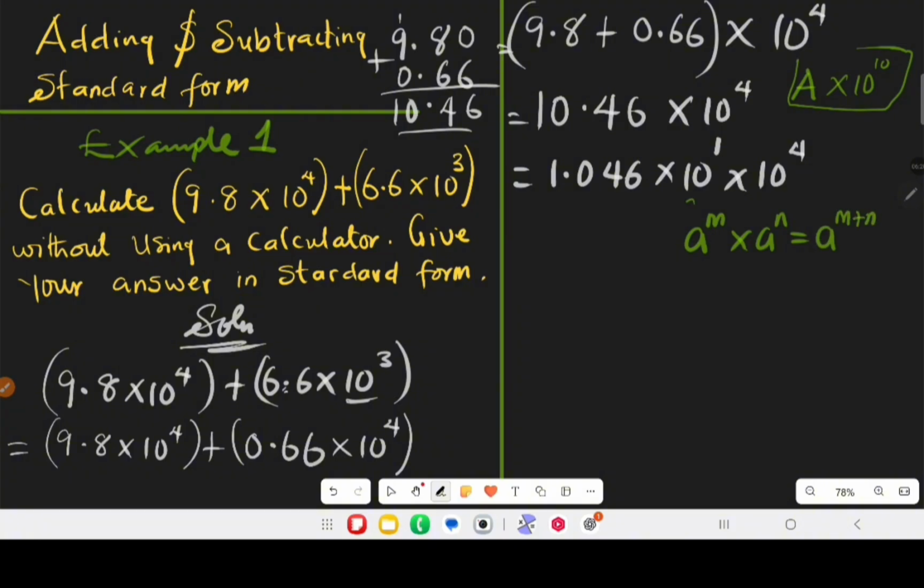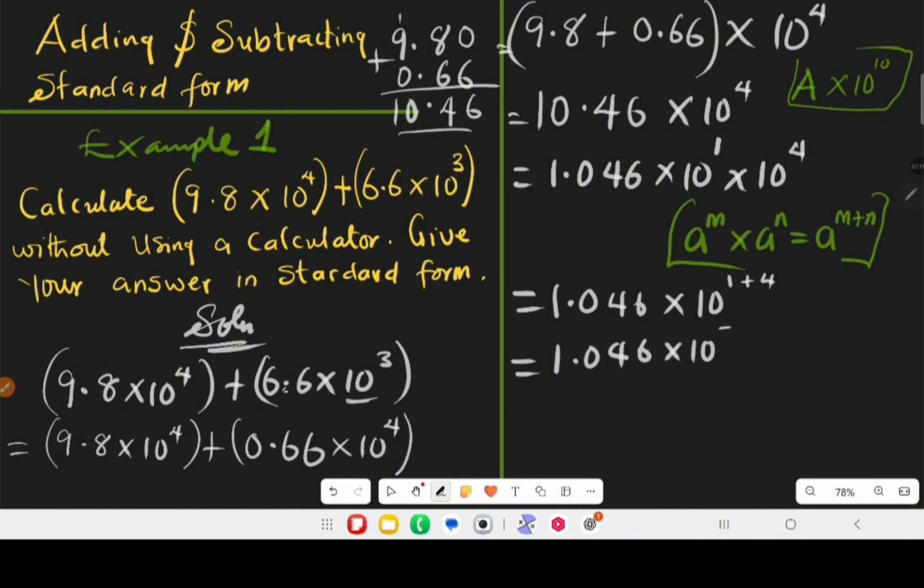And if this is true, we are going to apply it here. If we apply that, we have 1.046 times 10 raised to the power of 1 plus 4. And finally, we have 1.046 times 10 raised to the power of 5 as the answer.